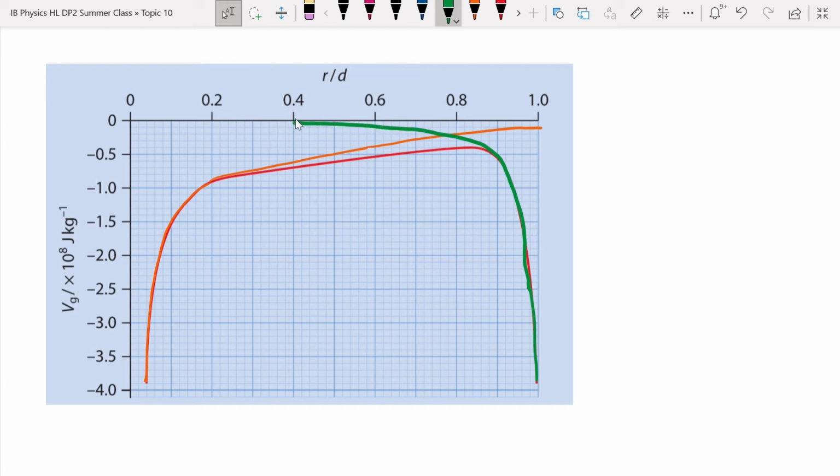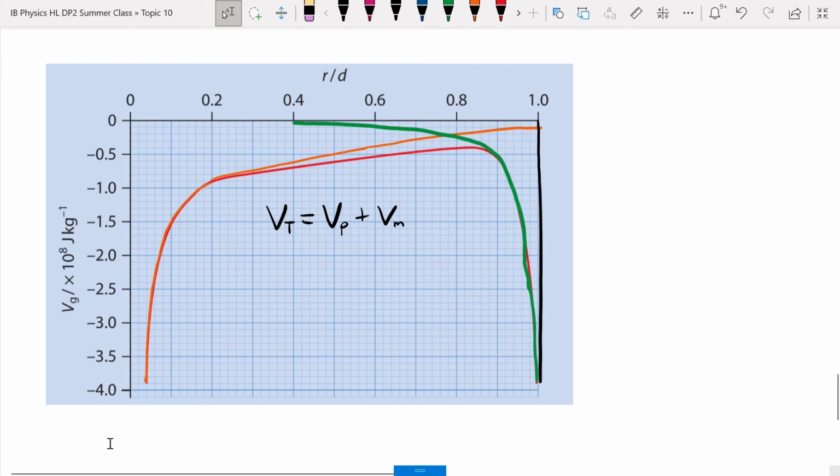The red curve is just the sum of these two. So one of the basic things is that the total potential is equal to the sum of the potential due to the planet plus the potential due to the moon. Just add them up. The only difference is that the moon is not at zero. It's at a different place.